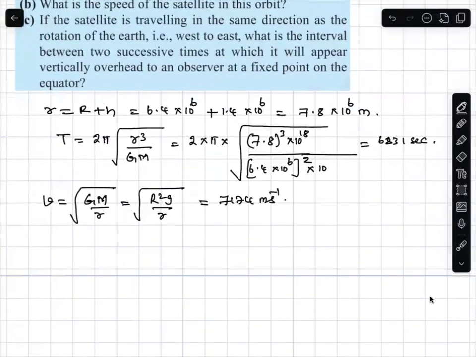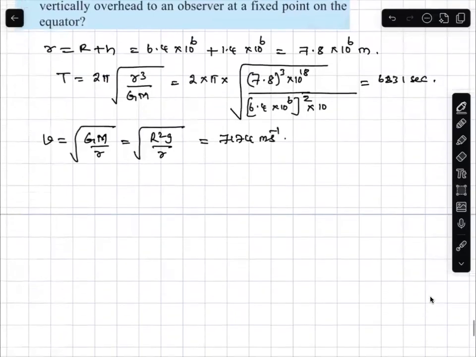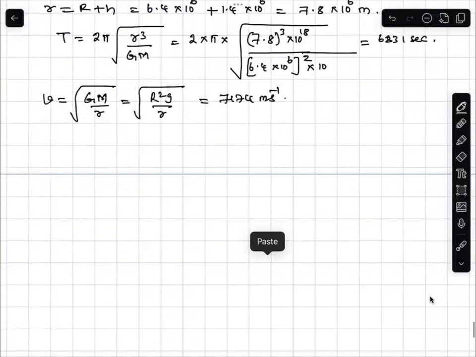If the satellite is traveling in the same sense as the rotation of the earth, west to east, what is the time interval between two successive times at which it will appear vertically overhead to an observer at a fixed point on the equator? So what you need to find first is the relative angular velocity. What is relative angular velocity?